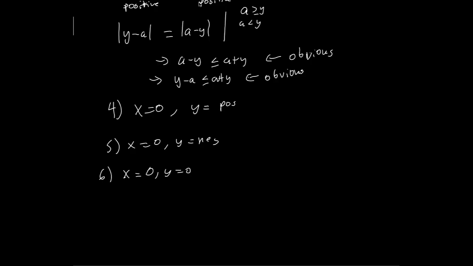Okay, so how can we be sure we've exhausted everything? Well, note that we've gone over all the cases for y, right? By trichotomy of integers, y is either positive, negative, or 0. So that's 3 cases there. By trichotomy of integers, x is equal to 0, positive, or negative. So that's the 3 cases right there.